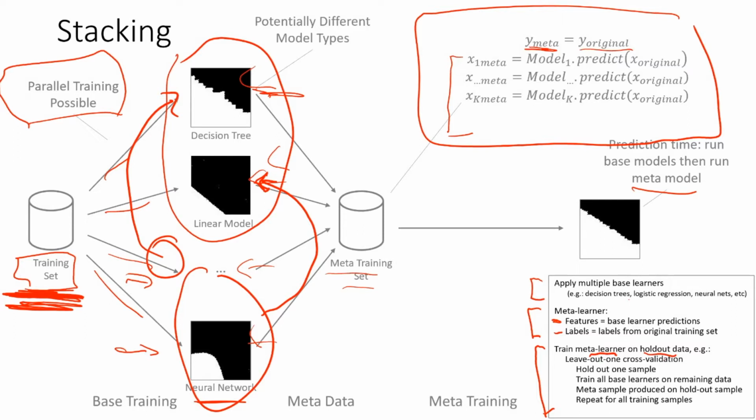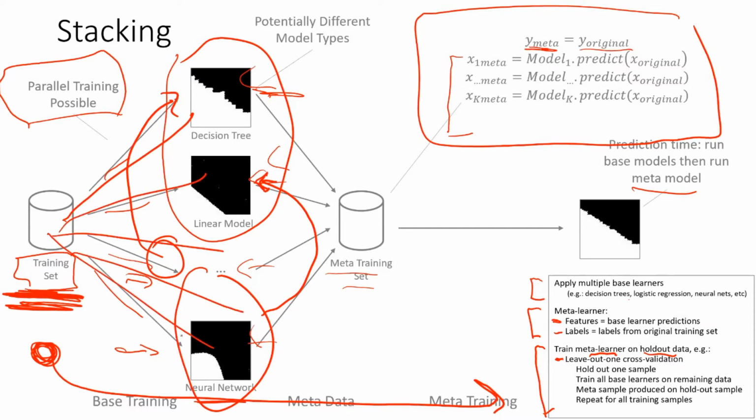Holdout data, right? You guys know what that means? Well, we're going to go through it a few times. So one approach to doing that would be leave-one-out cross-validation, and you would take one of your training samples and hold it out and move it over here. Then you would use all the rest of the training samples to train your base models.